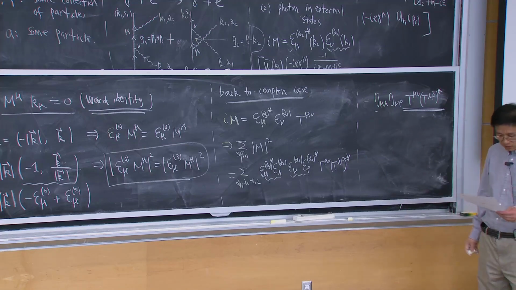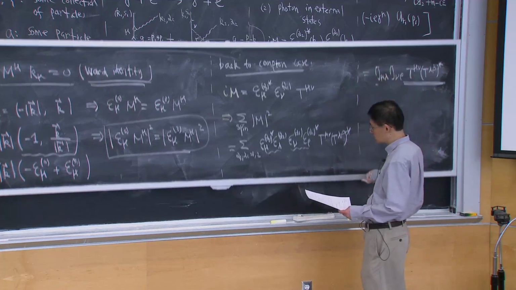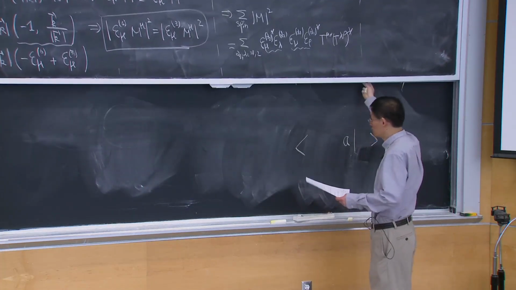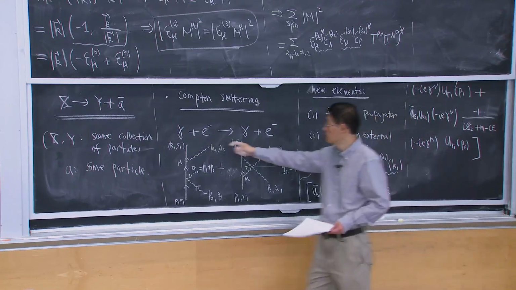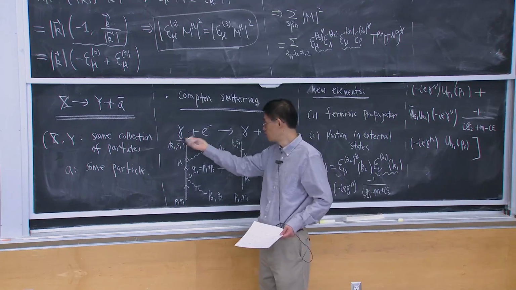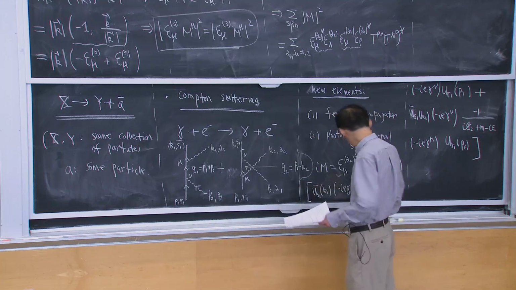So before writing down the final answer, let me define the frame. For the Compton scattering, it's often convenient to consider the rest frame of the electron, because there's no rest frame for the photon.